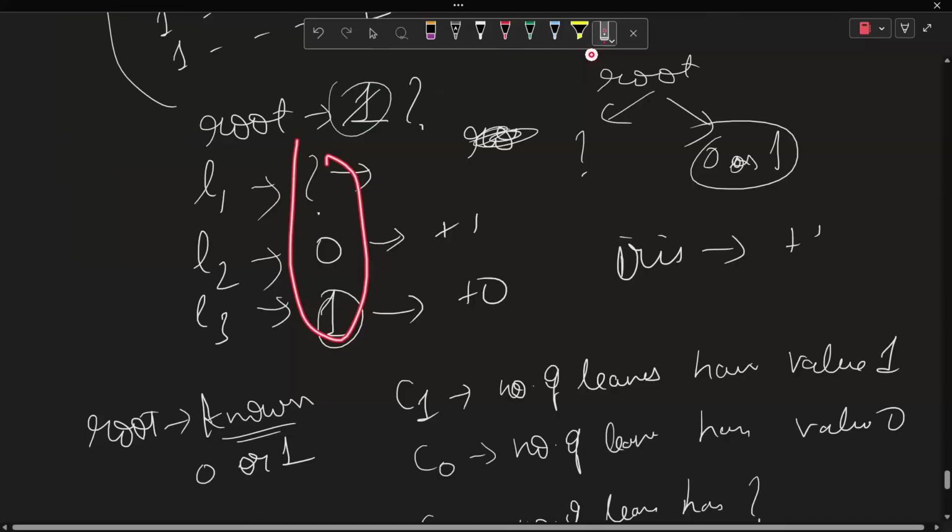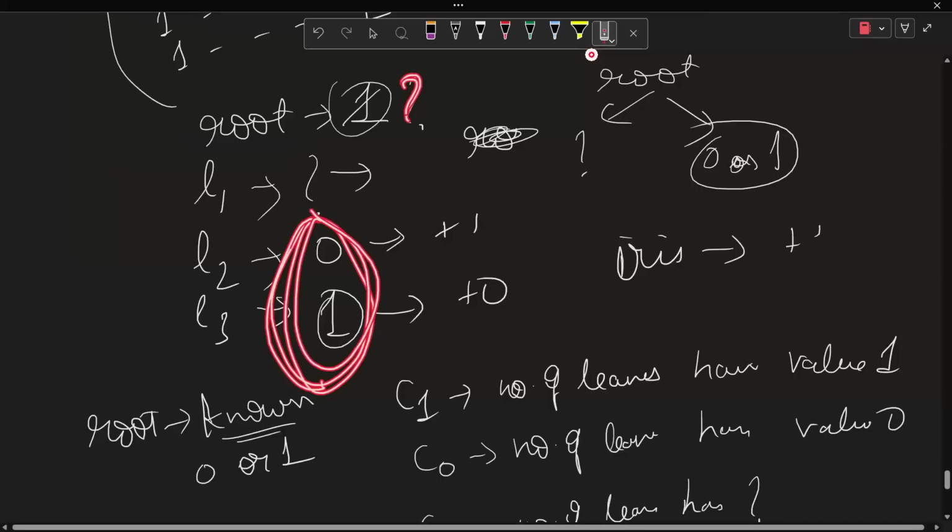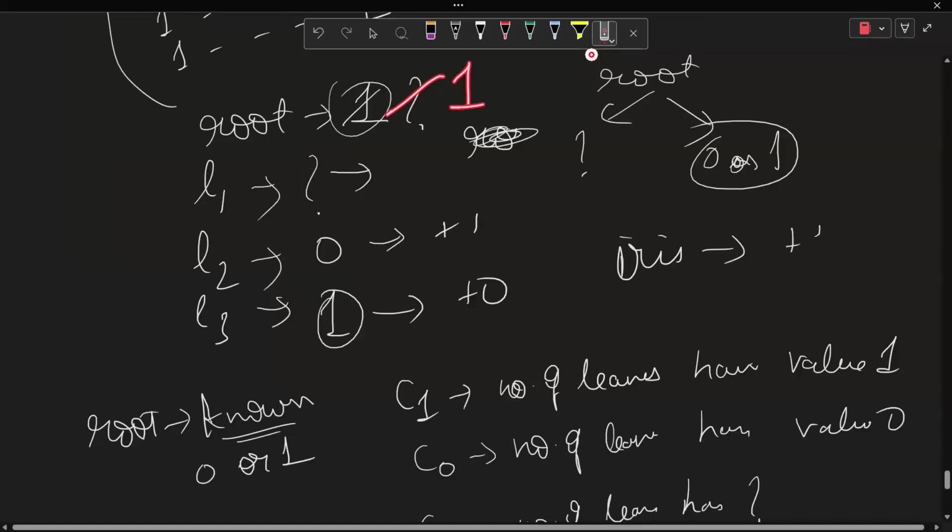So ignore the question marks first. For the leaves whose values are known, their score would depend on the value of the root. If you replace the root with 1, in your answer you would add C0. If you replace the question mark with 0, in your answer you would add C1.